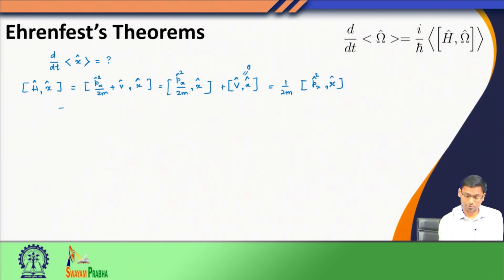Now, I have to evaluate p x square with x. I would do that by using the product rule that we discussed in a few classes before. I am treating this as a b, so I take a outside and then do b with x.